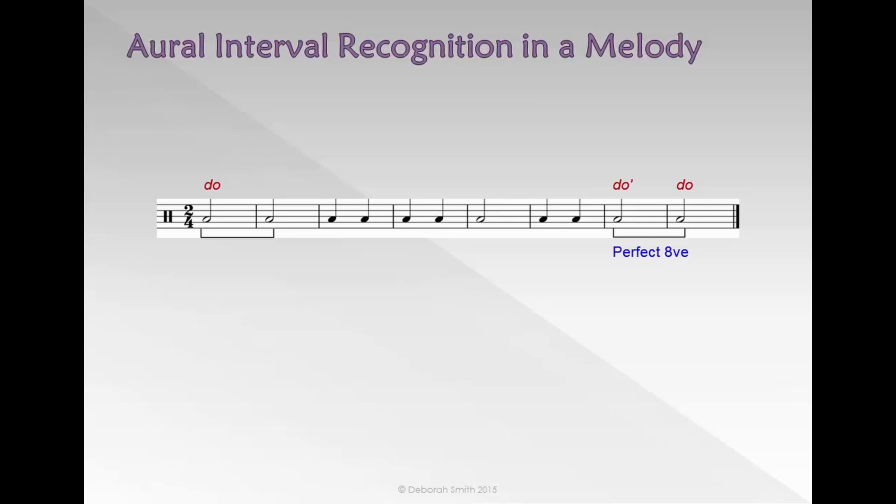Did you recognize the second note as being Mi? Do up to Mi is a major third, because Mi is the third note of a major scale. Please write this beneath the first bracket.